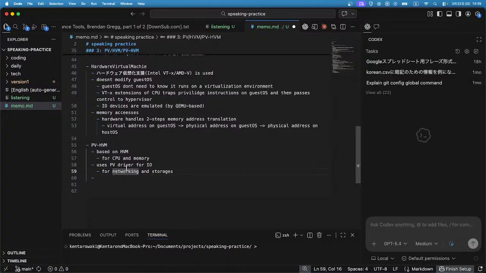Okay. So what is required to use PV-HVM?